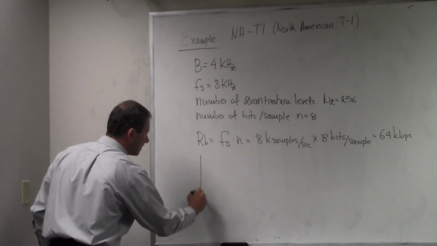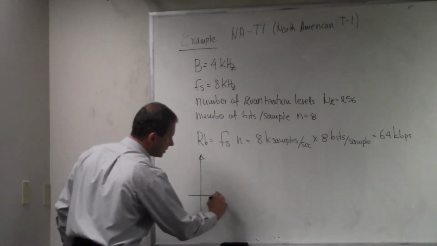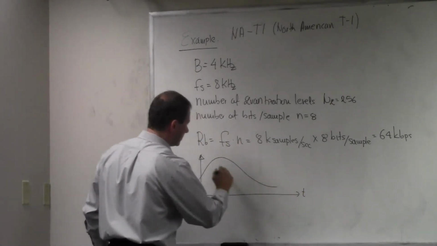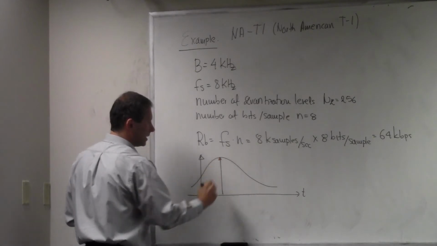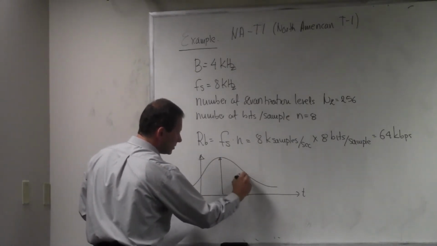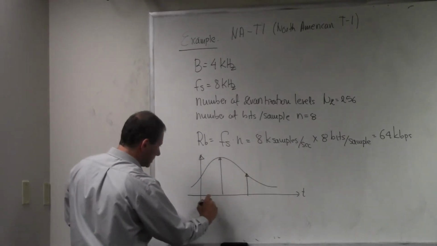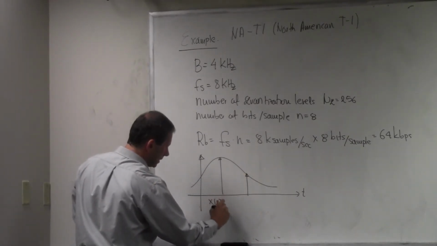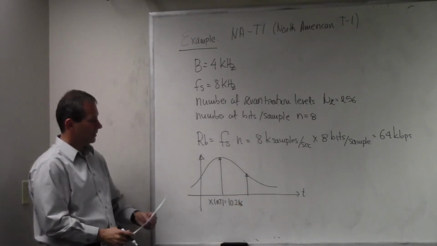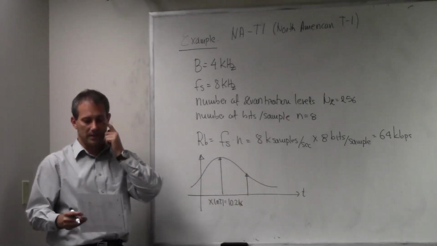So pictorially, here's what happens. Here's the time domain. This is my voice signal. I sample it, and let me just look at 2 consecutive samples. Let's say x of nT here is equal to 10.246, and let's say I have even more digits than that.